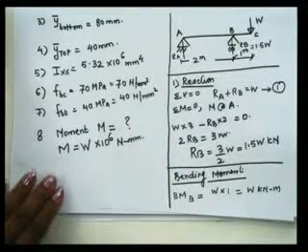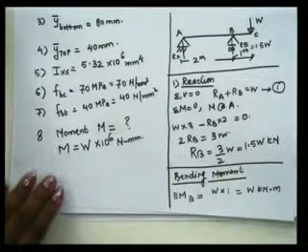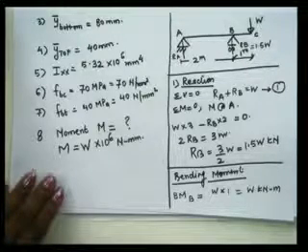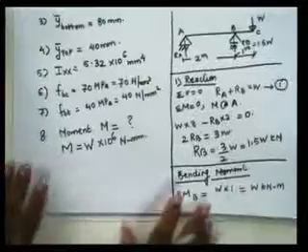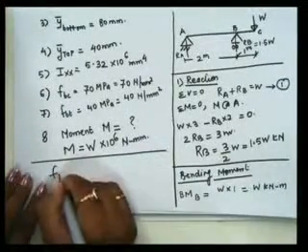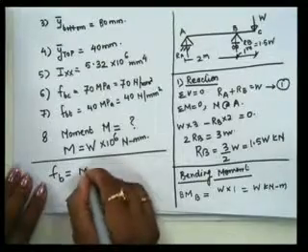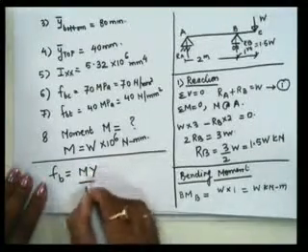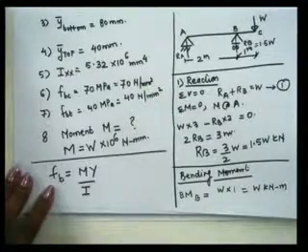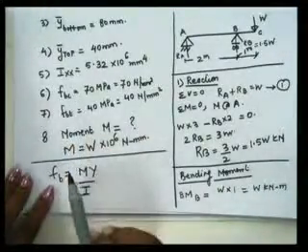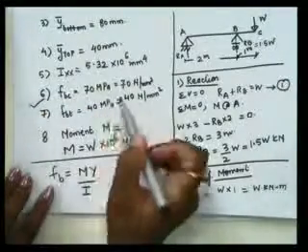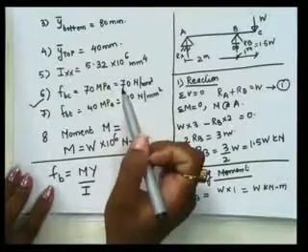Now if I want to calculate the value of W, we can use our equation. What is our equation? FB is equal to M Y upon I. What is the value of FB? 70. Now important part, when I take FBC, compression. Where will be the compression?